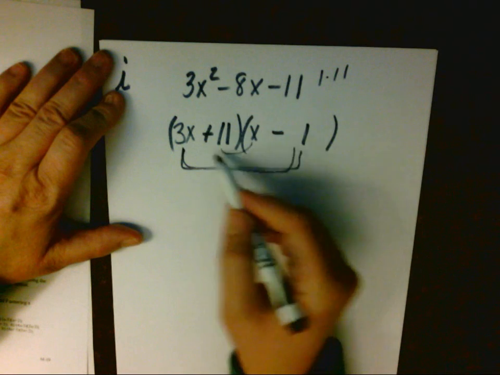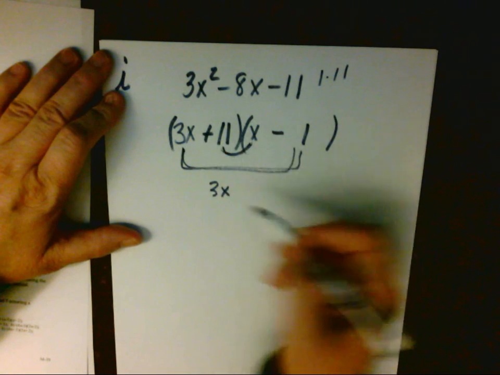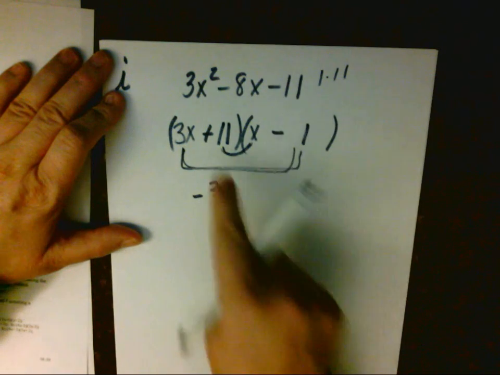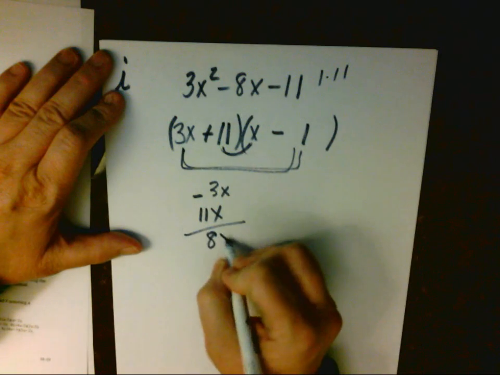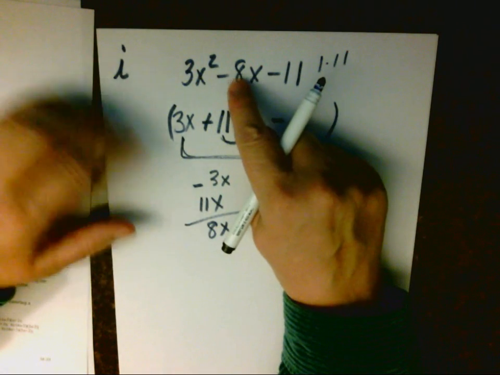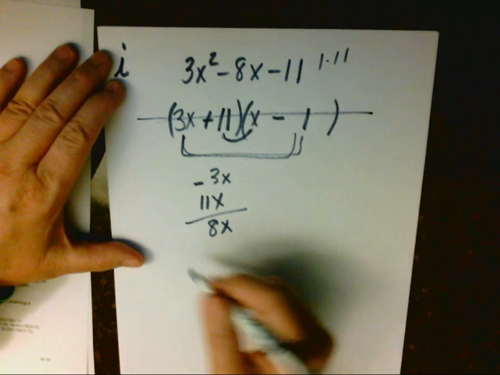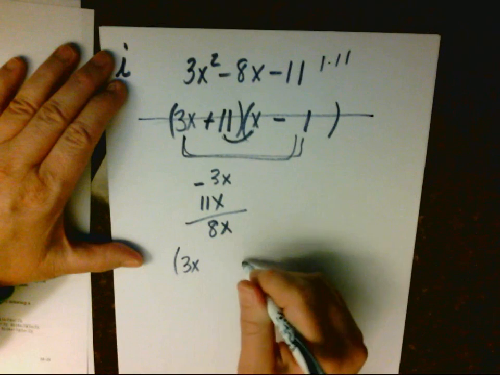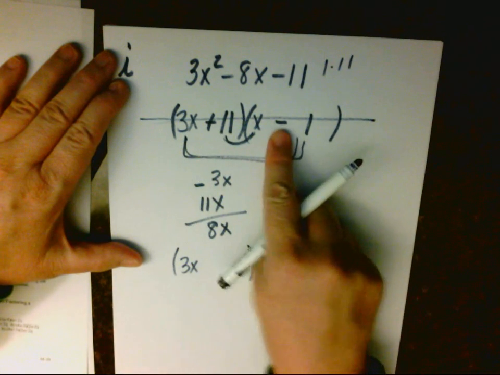So let's try this and see what happens. On the outside, I get 3x, and on the inside, it's a negative 3, right? And on the inside I get 11x. That gives me 8x. Okay, we had the right number, but the wrong sign. So we mark that gently out, and we write the same thing but we switch the sign.